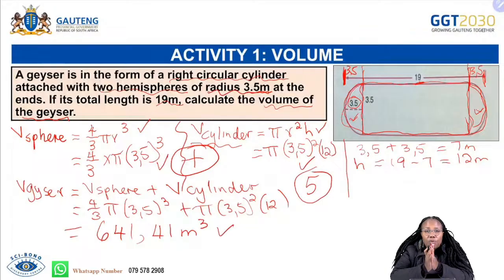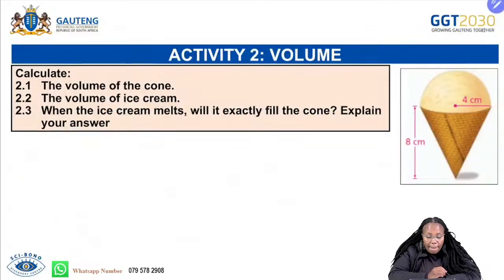So be careful, you need to analyze your diagrams thoroughly before you can decide your solution, grade 12. Happy, I hope you managed to get this one. Remember, these are the exam time questions.